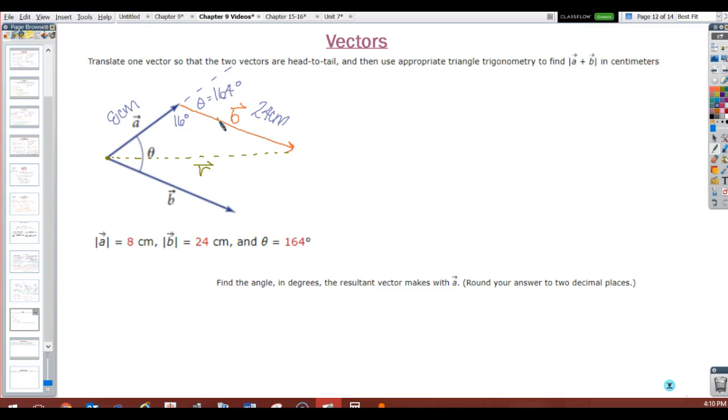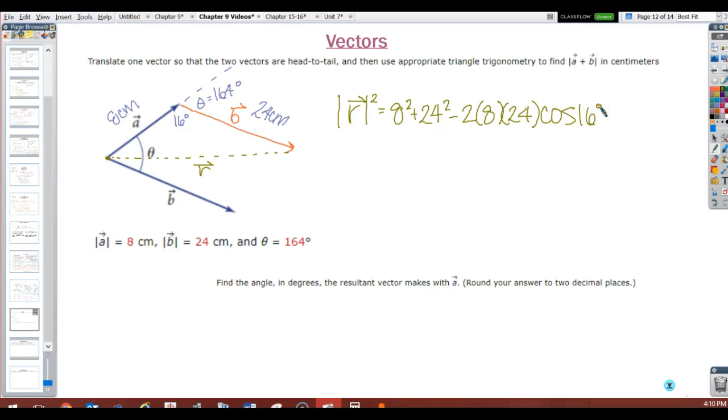Now the information that I know about my triangle is side, angle, side, so I'm going to use the law of cosines to find the magnitude of vector R. We'll set that up. The magnitude of vector R squared is 8 squared plus 24 squared minus 2 times 8 times 24 times the cosine of the angle in between them, across from the R, which is 16 degrees.